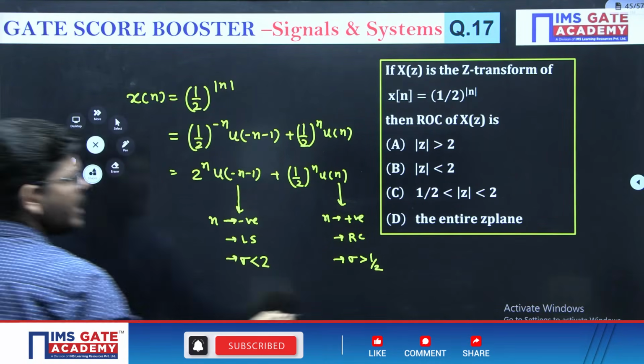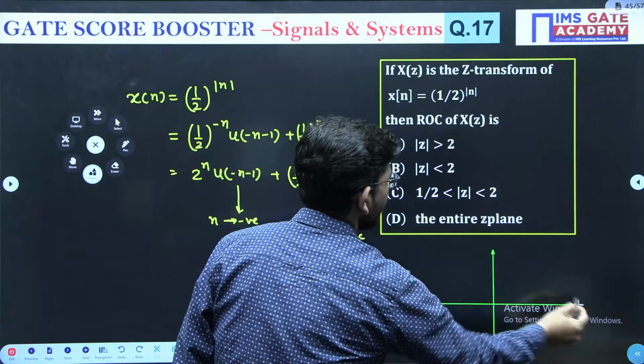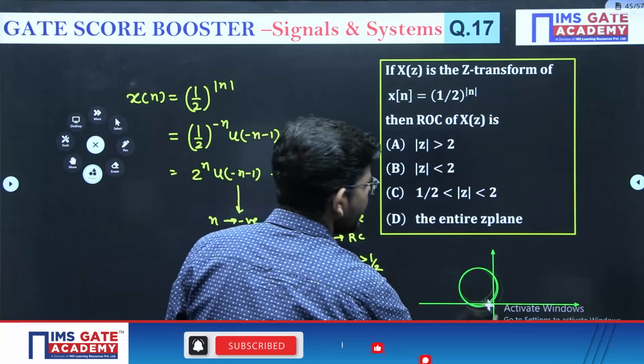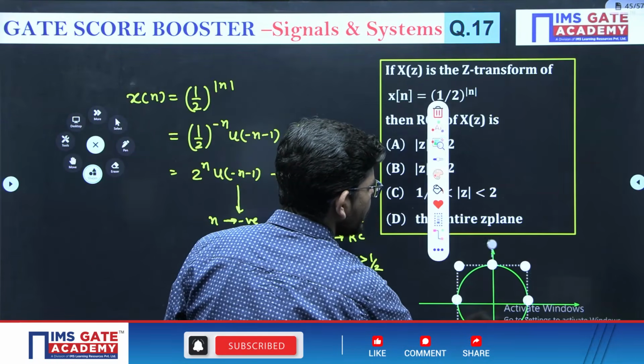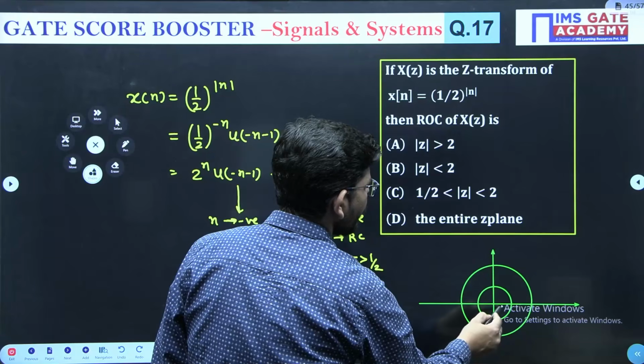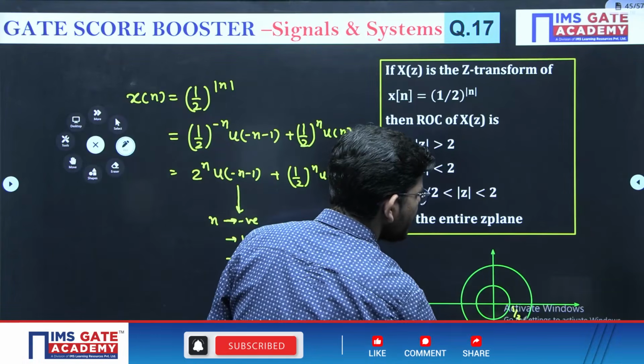Whenever you have to choose the ROC, you just draw the circle and you will get an idea in Z transform. So we need two circles, one having radius 2, another having radius 1 by 2. Right, so this is 1 by 2 and this is 2.